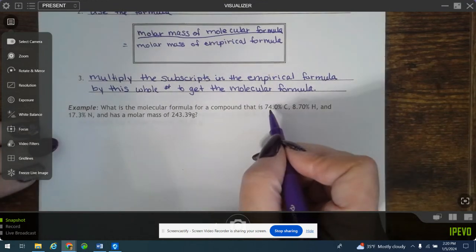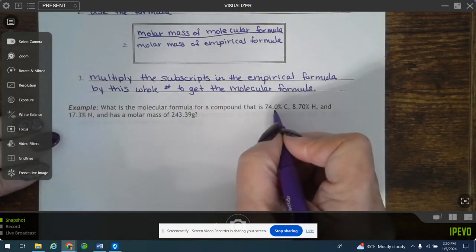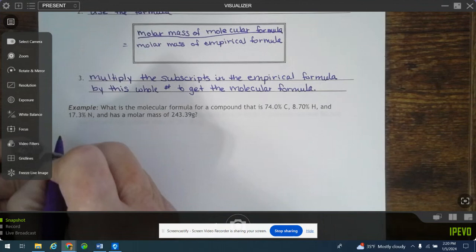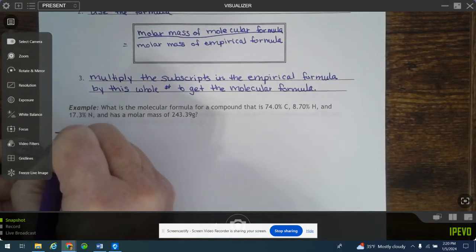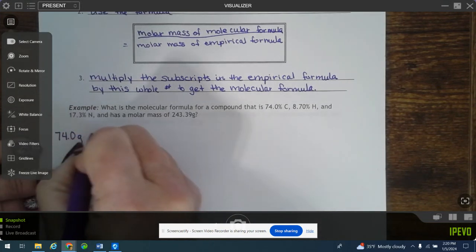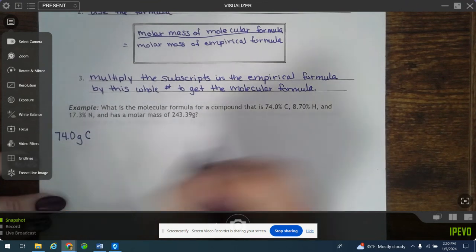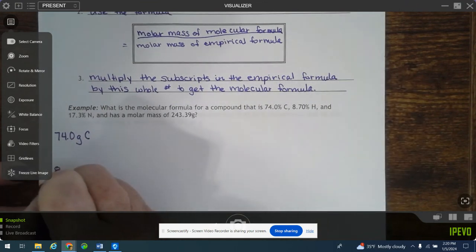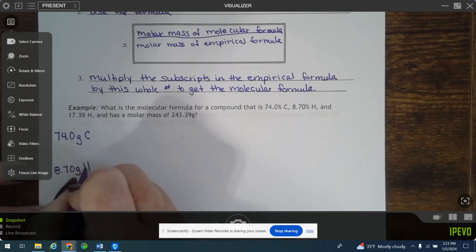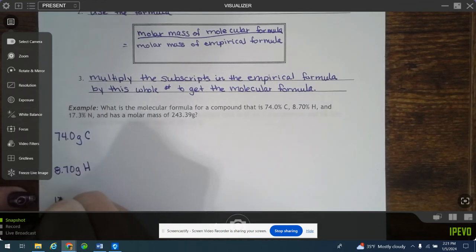You remember the first thing you do there is convert the percent to grams. So I have 74 grams of carbon, 8.7 grams of hydrogen, 17.3 grams of nitrogen. Percent to mass.